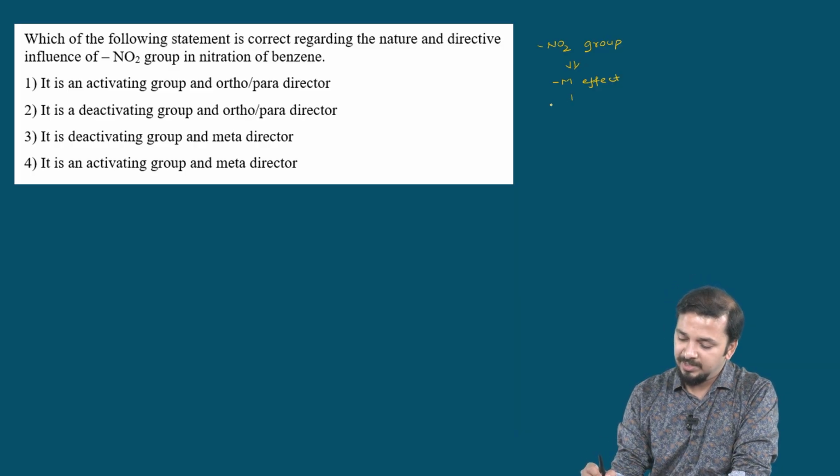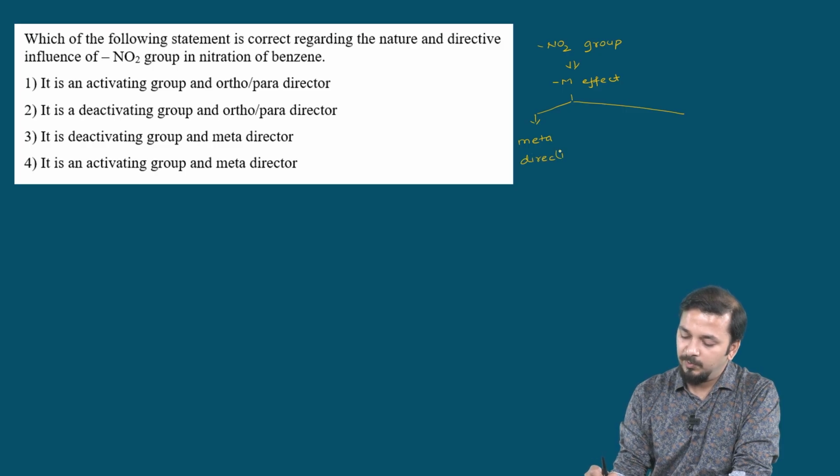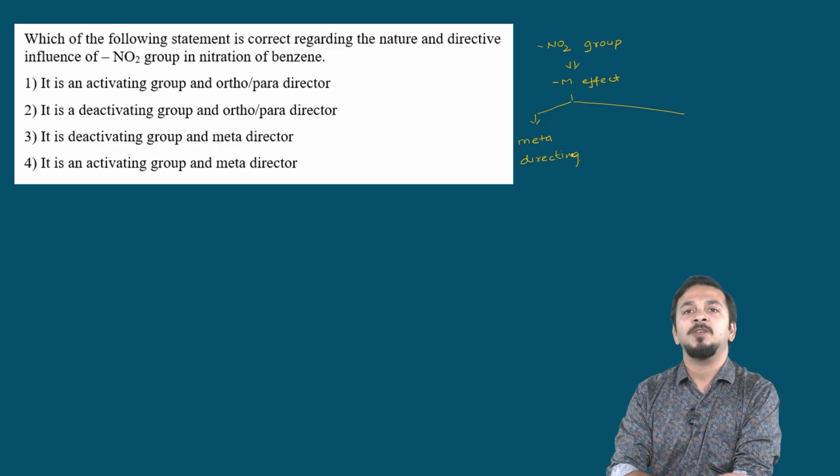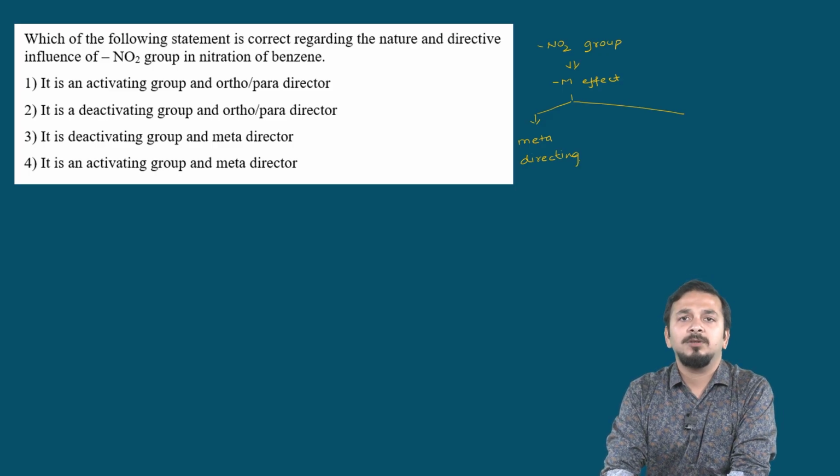Because of this minus M effect, it will be meta directing. Why am I saying this? Because this group will decrease the electron density from ortho and para positions. So relatively, electron density will be more at the meta position, which means the electrophile will have a natural tendency to attack at the meta position. That is why this group is known as meta directing group.